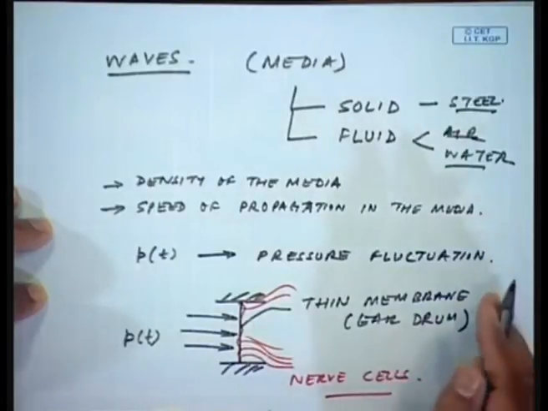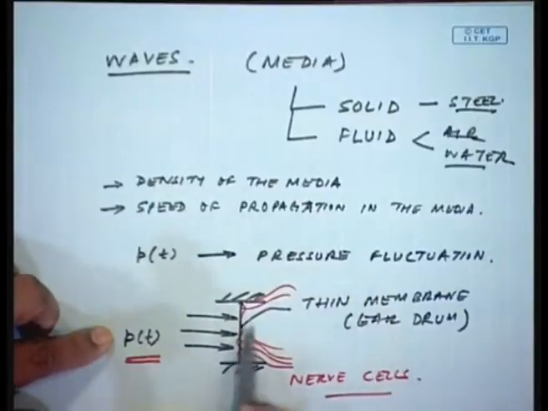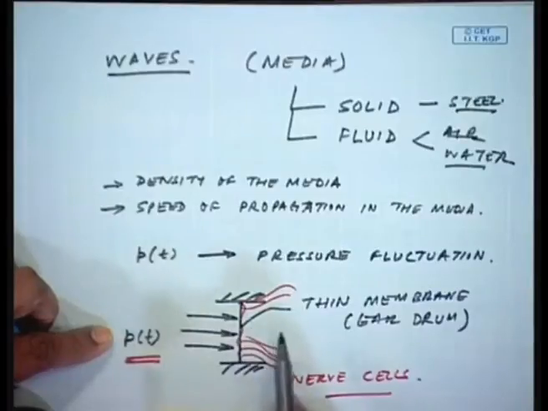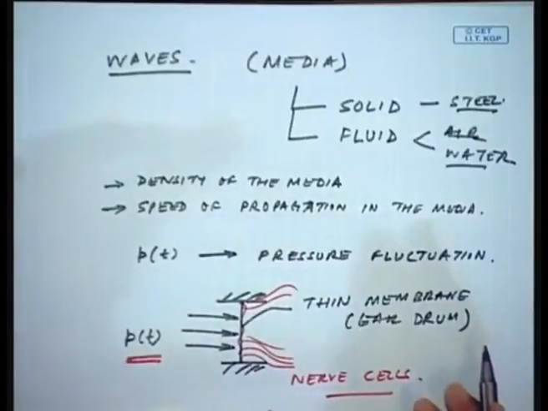And then this goes to the brain. So, because of this small pressure fluctuation, this membrane will undergo a deformation or displacement, and this is sensed by the nerve cells attached to the eardrum, and then we get a sensation of hearing.